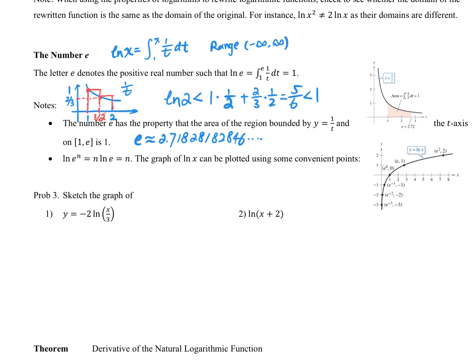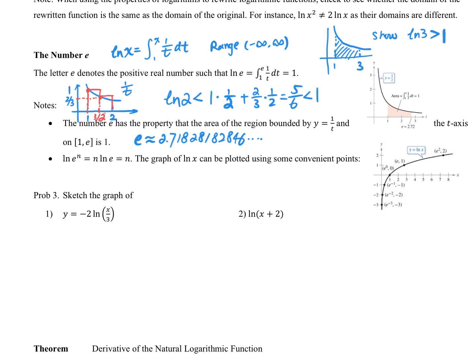And now maybe one little assignment after class, when you have spare time: try to show that ln3 is actually greater than 1.